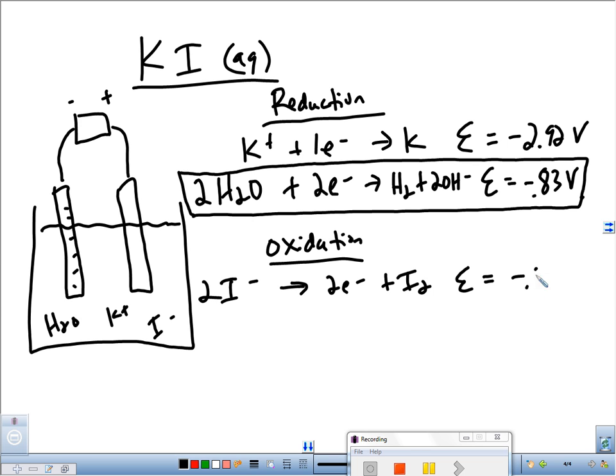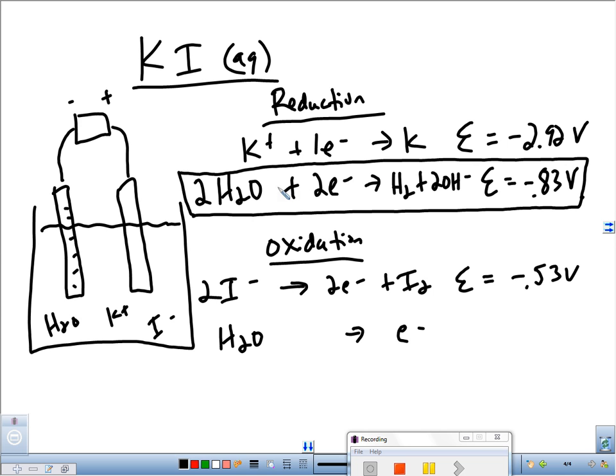Negative 0.53. All right, what about water? One thing to notice here, look at your sheet. We need water to be on the left-hand side of this equation, and we need electrons to be on the right-hand side of the equation for it to be an oxidation. I can't flip this equation here and make it oxidation.